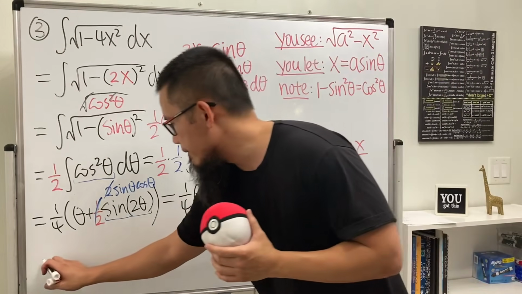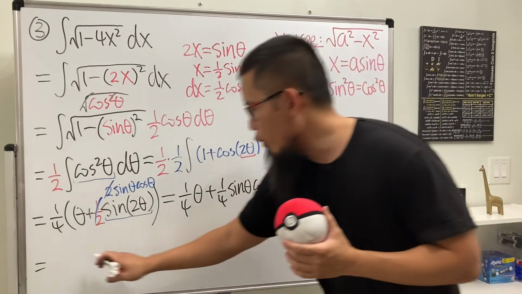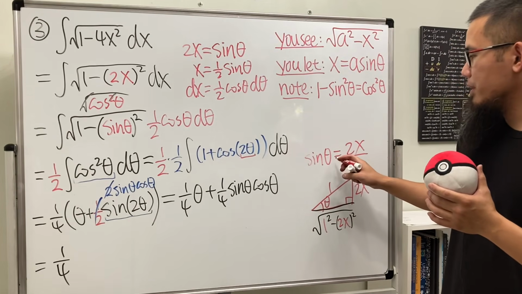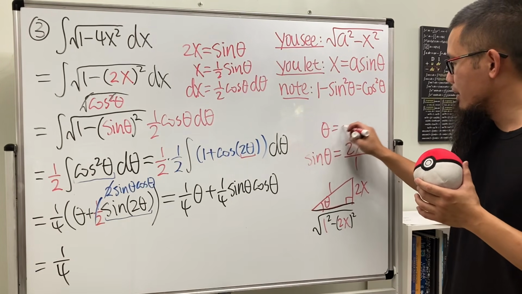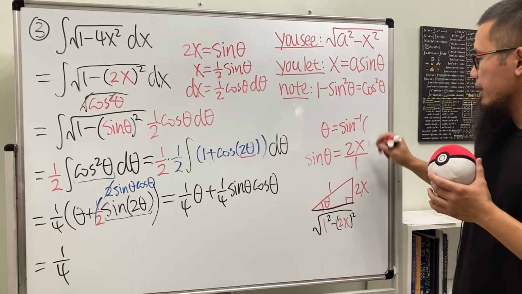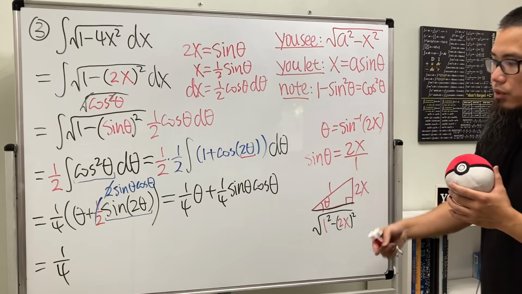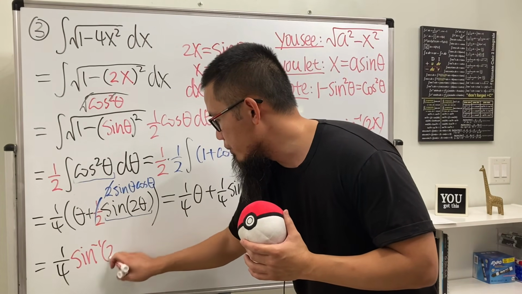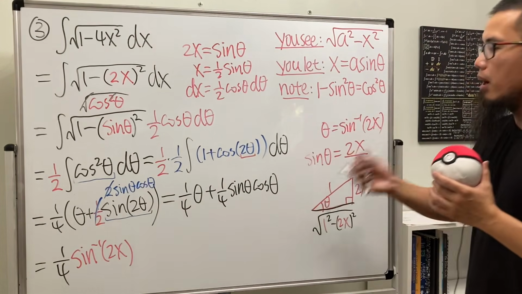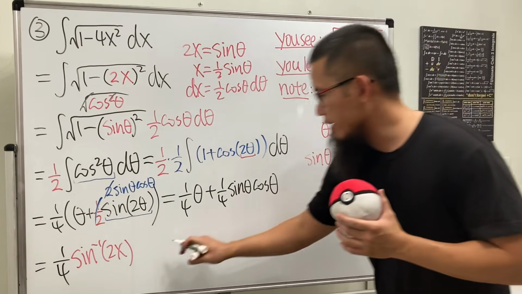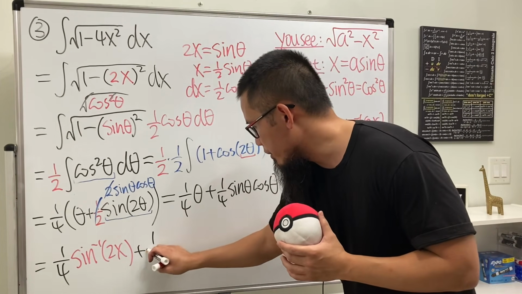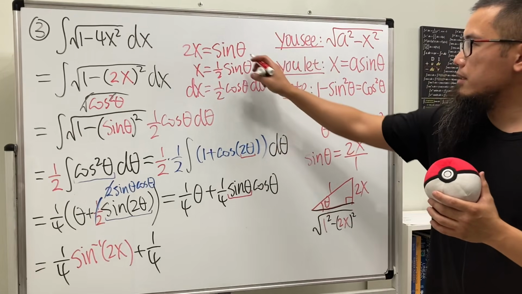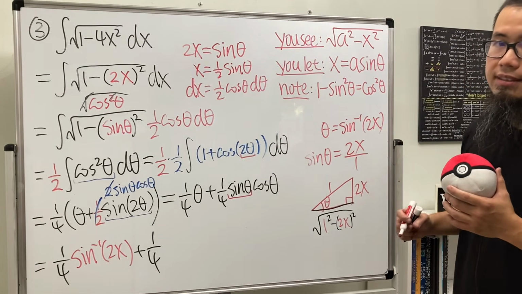So here we see that we have 1/4. Theta is just going to be the inverse sine of 2x, right? So we can just put that down. We have the inverse sine of 2x. So that's the first part. Next, we have plus 1/4 from here. And then sine theta is the 2x, right? Sine theta is just the 2x.